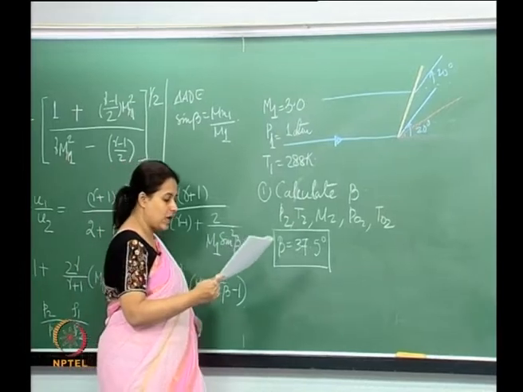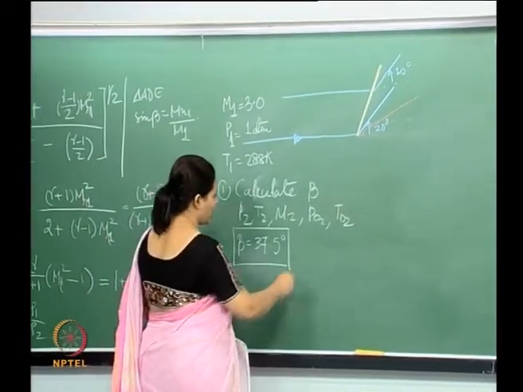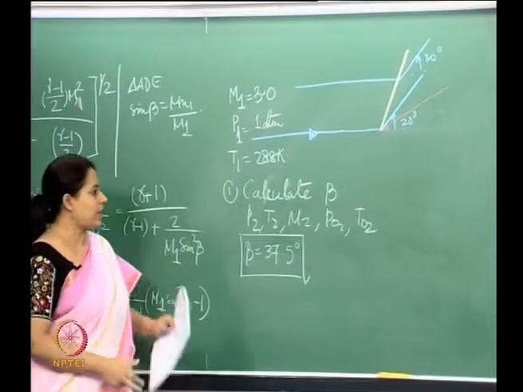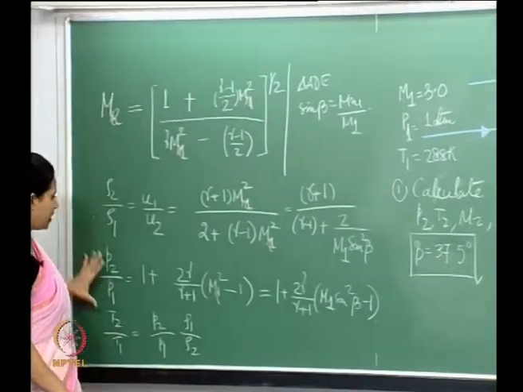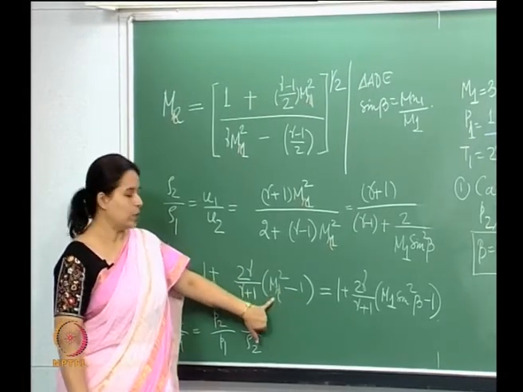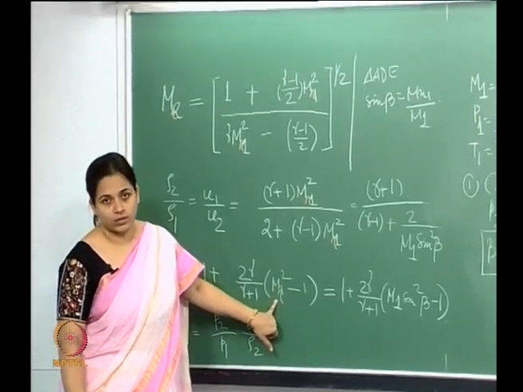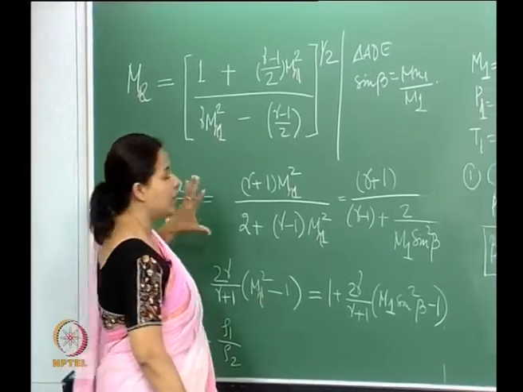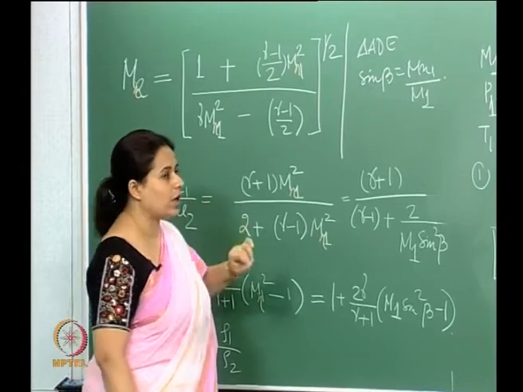Now what is Mn1? How do we calculate these? Like we have seen before, we can use the normal shock tables, provided we know what Mn1 is. So we can find these ratios with respect to Mn1 and not M1.